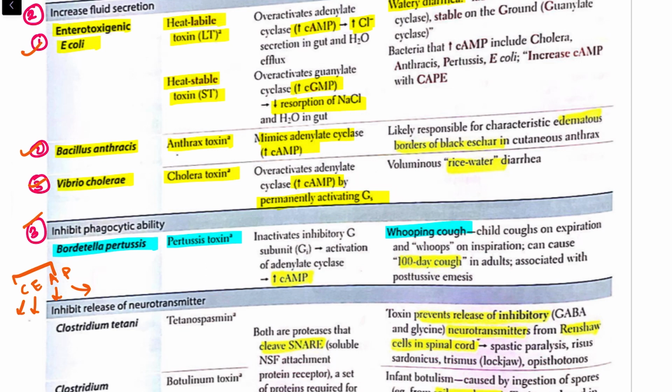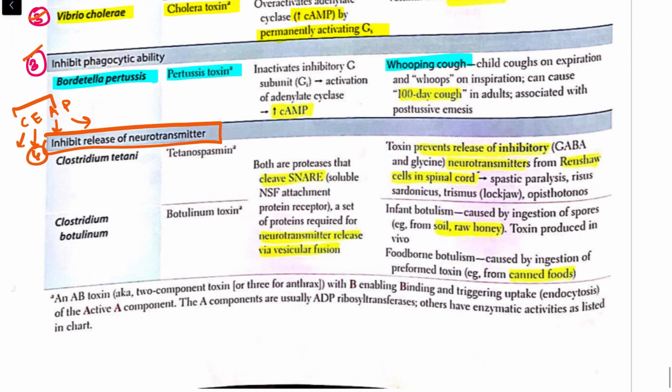Fourth mechanism is by inhibiting release of neurotransmitter. This can be seen with Clostridium tetani, that is the tetanospasmin, and Clostridium botulinum, which is the botulinum toxin. Both are proteases that cleave the SNARE protein, right? And they decrease the release of GABA from the presynaptic Renshaw cell.